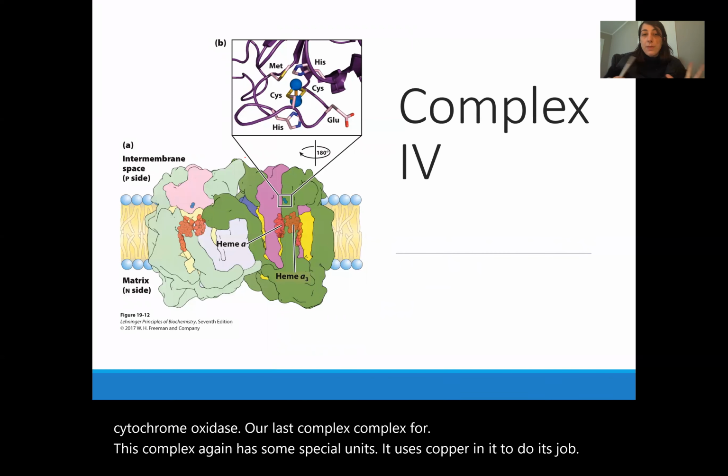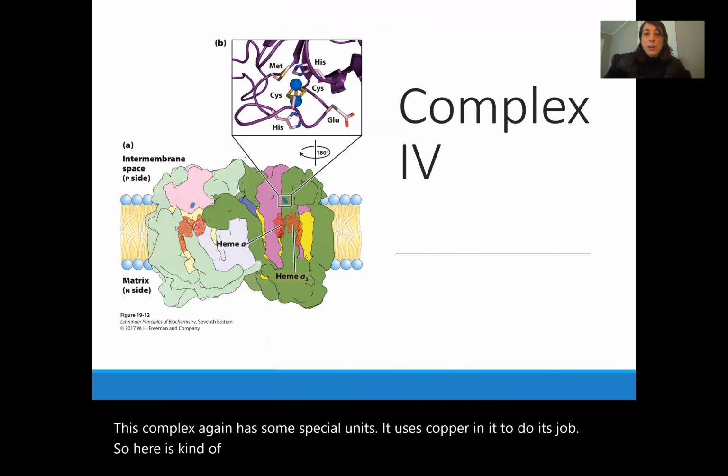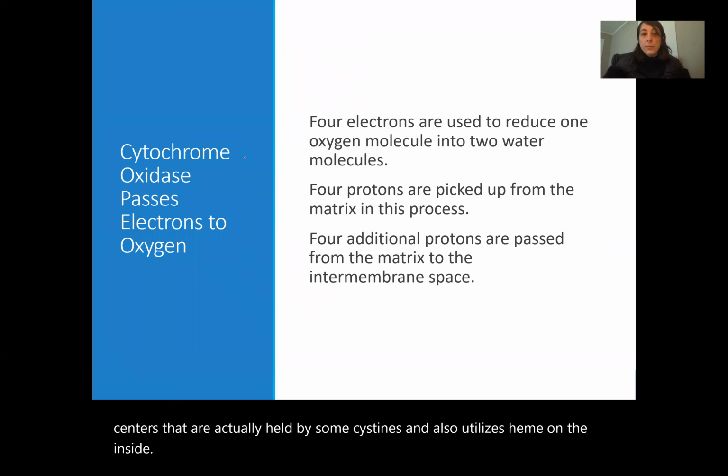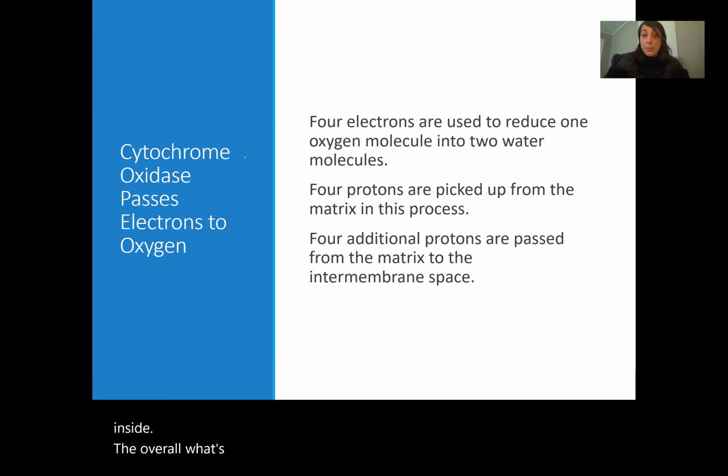So here's a very brief overview of complex 4. You can see it has these copper centers that are actually held by some cysteines. It also utilizes heme on the inside. The overall process in our last complex is that 4 electrons are going to ultimately be used up.